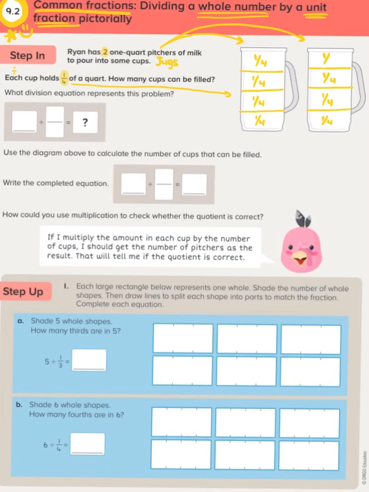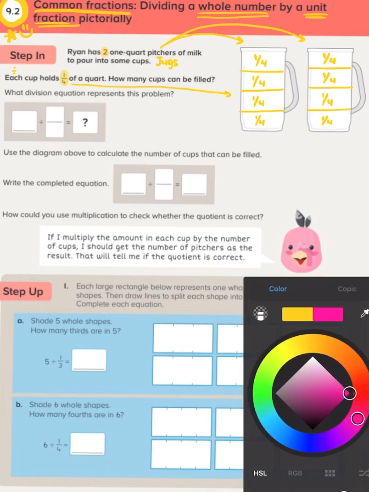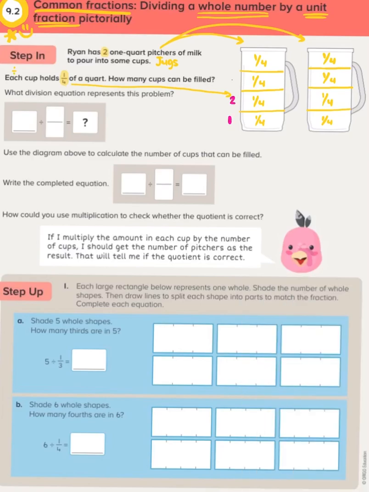Now, if each of these jugs is cut into fourths, and each of these fourths can fill up 1 cup, I know this jug can fill up 1, 2, 3, 4 cups, because this will fill up 1 cup, this will fill up a 2nd cup, this will fill up a 3rd cup, and this will fill up a 4th cup. So this one can fill up 4 cups, but that's only 1 jug.